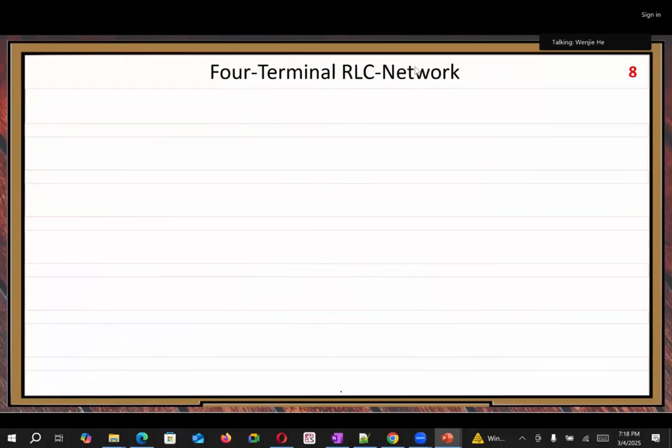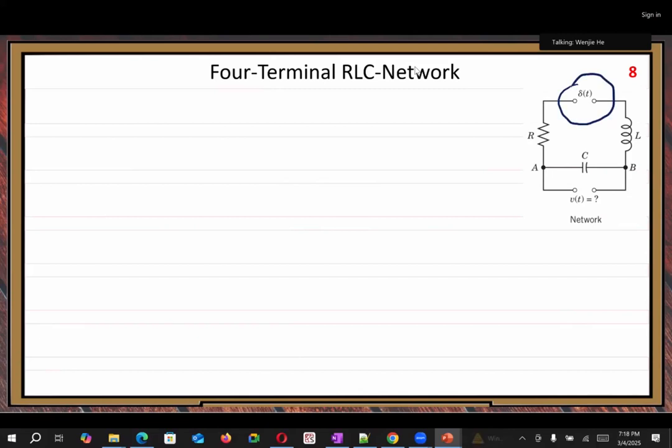Then, the four-terminal RLC network. So it is an electric circuit, but here the difference is the four terminals: two terminals here, and two terminals here. One function, V of t, little v of t, is given, but the other one is a delta function.